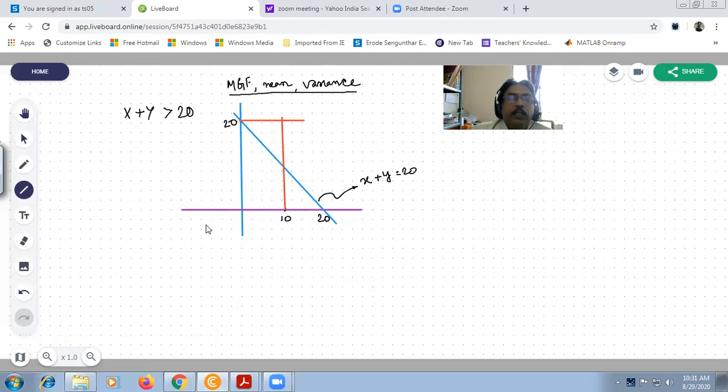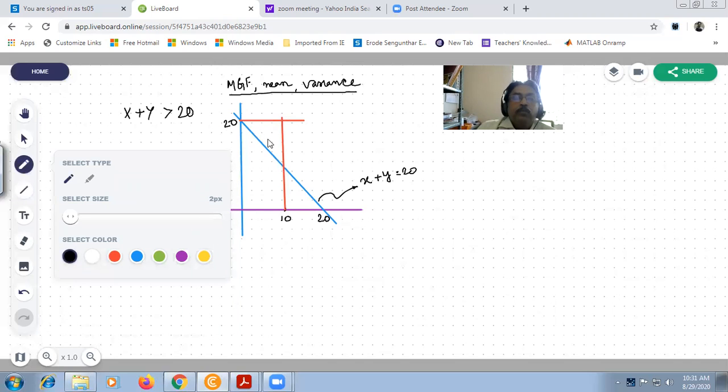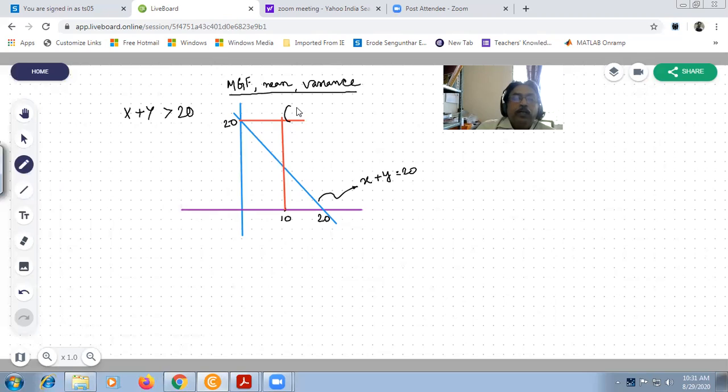This one is 10, and we have to find the uniform distribution. Call this point 10 comma 20.